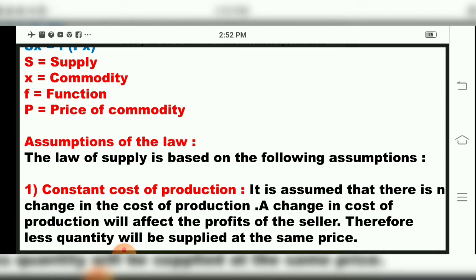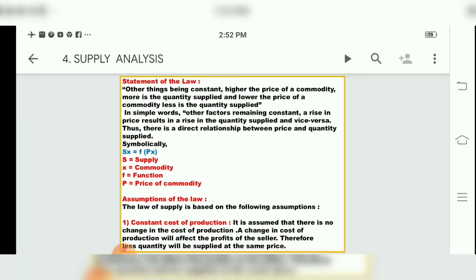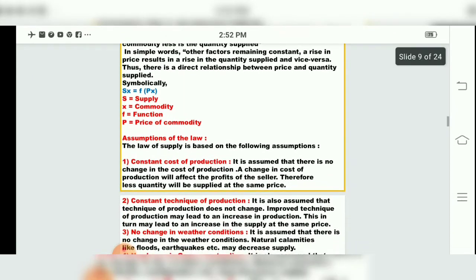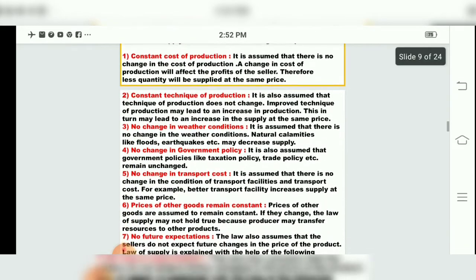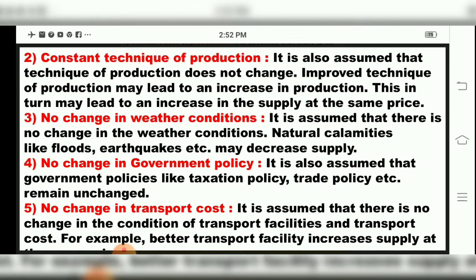The profit of the seller. So therefore less quantity will be supplied at a lesser price.